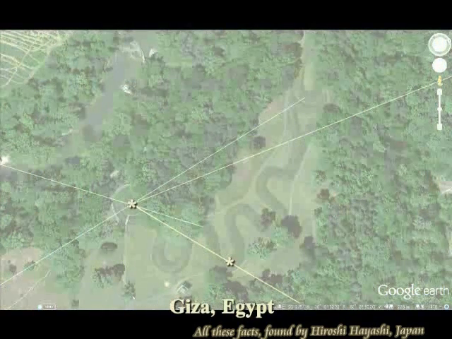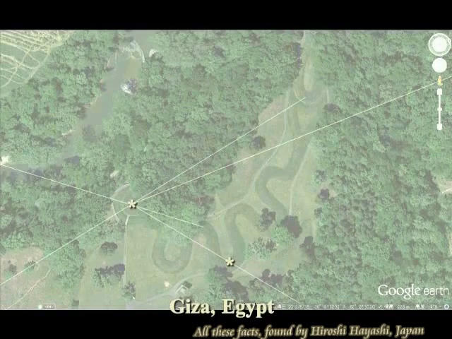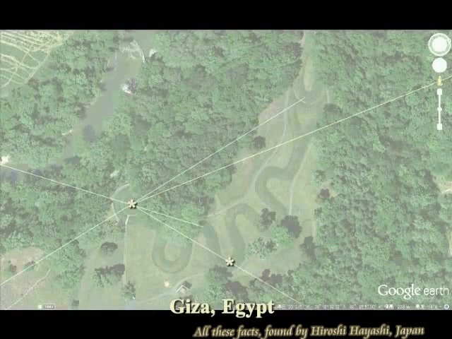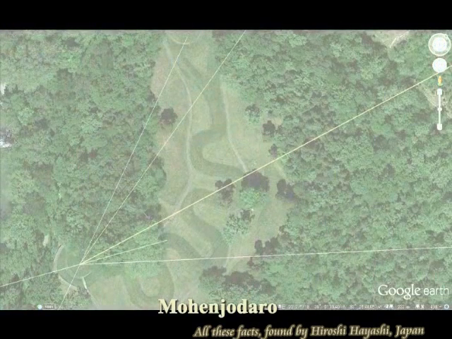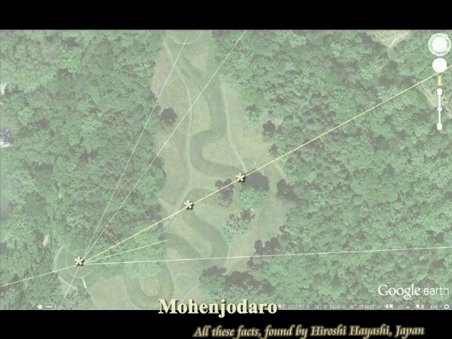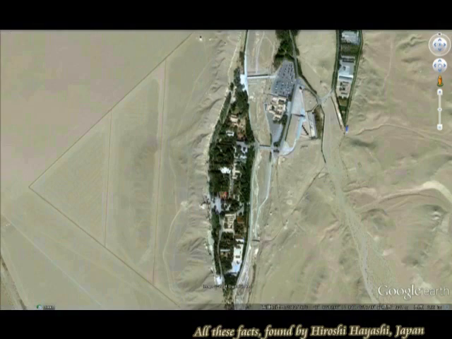Okay, this is the line from Giza, Egypt, and these two points show the direction to Giza. And from Mohenjo-daro, I drew a line to Serpent Mound, and you see three points, but the left-hand and the middle one show the direction to Mohenjo-daro.